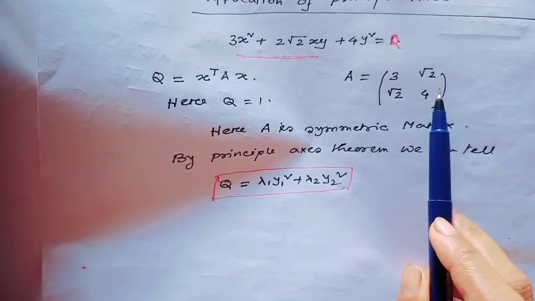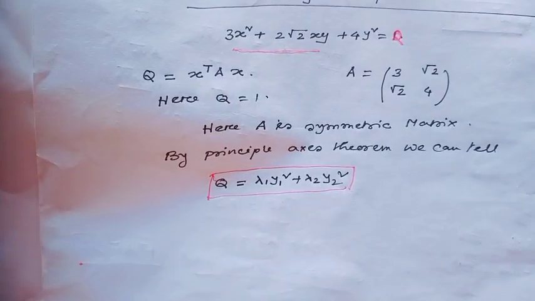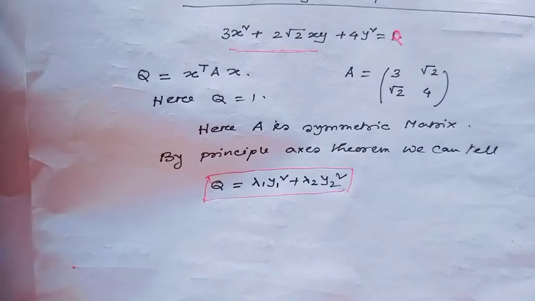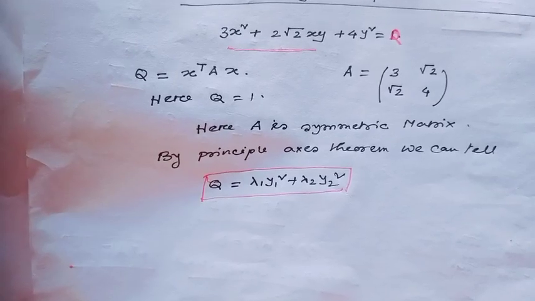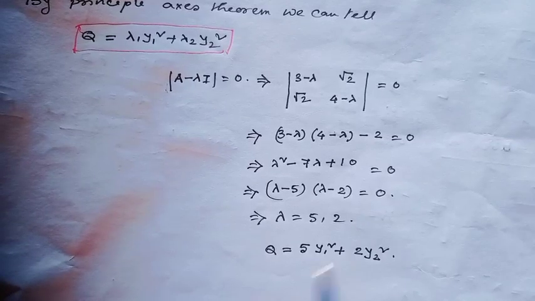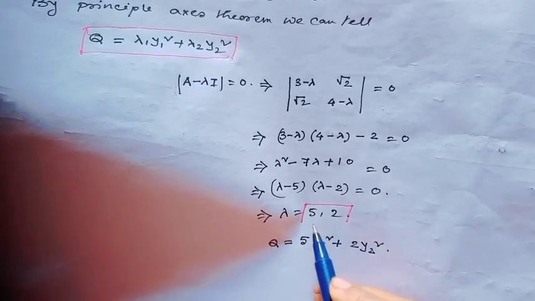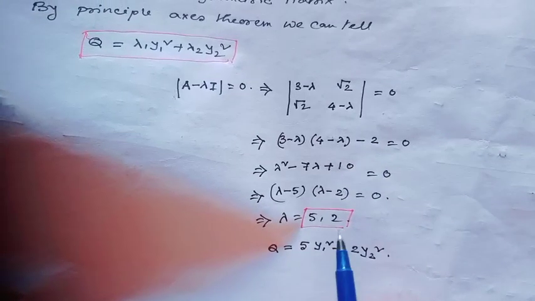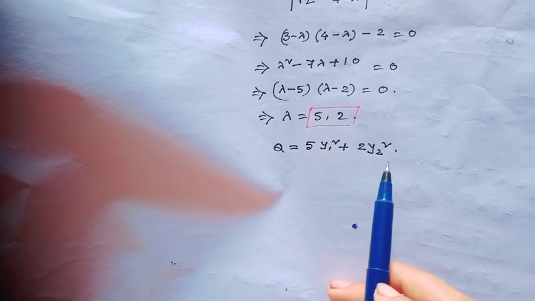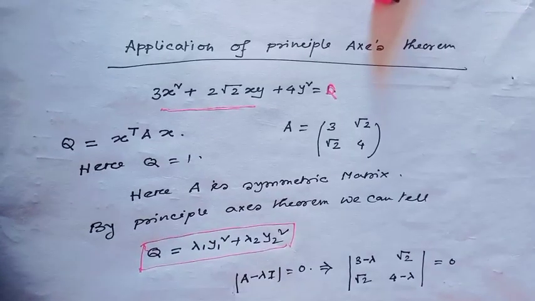So at first find the eigenvalues of this matrix, then we can tell to which graph this quadratic form reduces by the principal axis theorem. After calculating, I have got the eigenvalues of this matrix as 5 and 2. So this quadratic form transforms to 5y1 square plus 2y2 square, and in the question it is given q equal to 1.